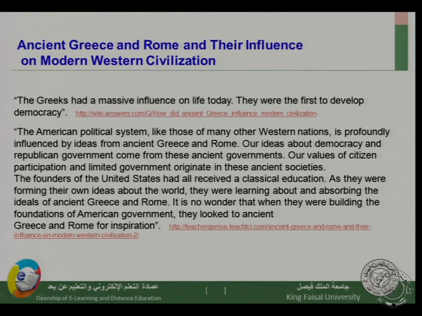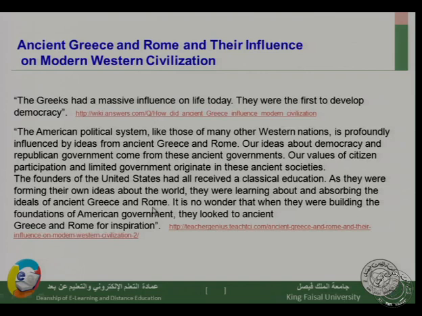The founders of the United States had all received a classical education, and they were forming their own ideas about the world. They were learning about and absorbing the ideals of ancient Greece and Rome.